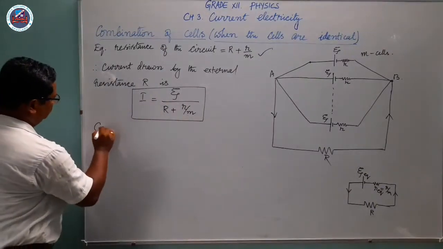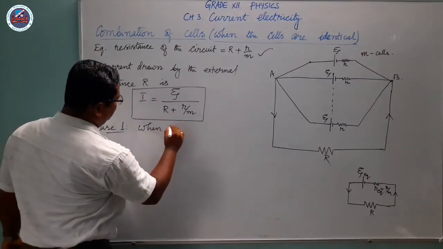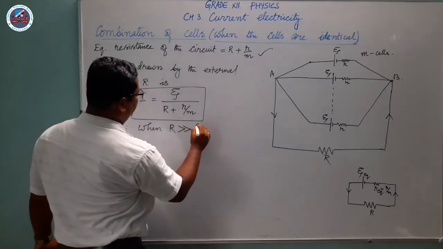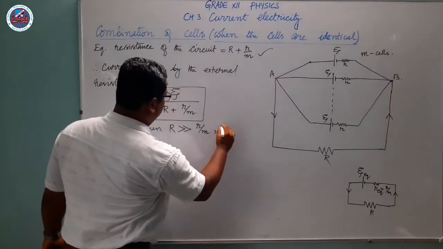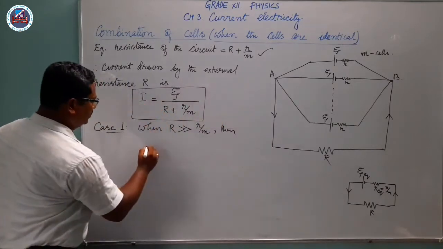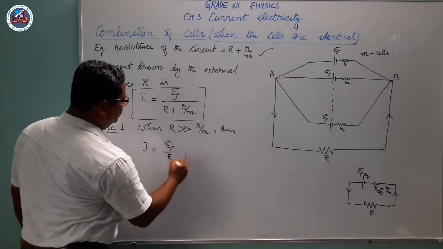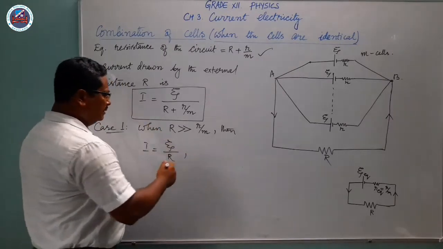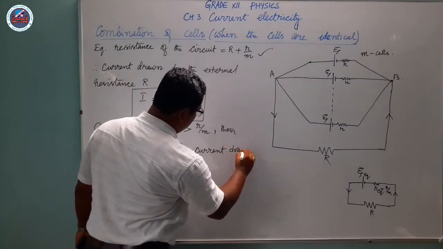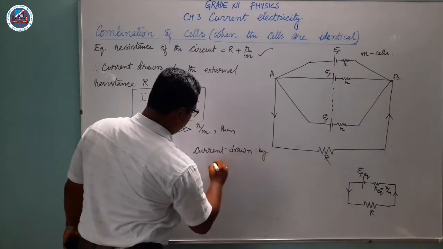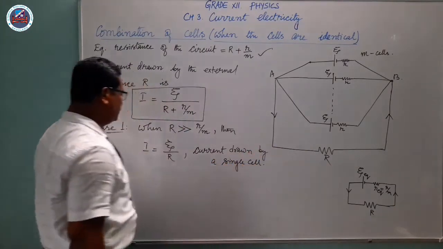Case 1: let us see, when the external resistance is very large compared to the equivalent internal resistance, then what will happen? You can see from the expression, if R is very large, I is equal to epsilon divided by R. So it is the current drawn by a single cell.